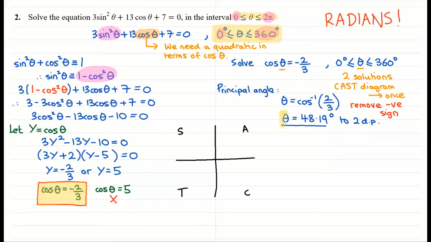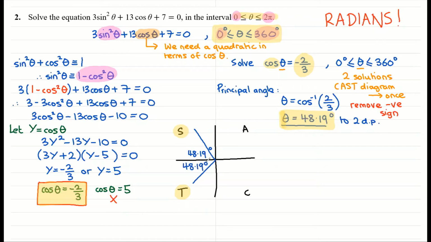Here it is. And we also know that this value is negative, and we're dealing with cosine. So where is cosine negative? Well, cosine is negative here and here in S and T. So that's where we put our principal angle. So we put an angle of 48.19 degrees to the horizontal in both of those quadrants.